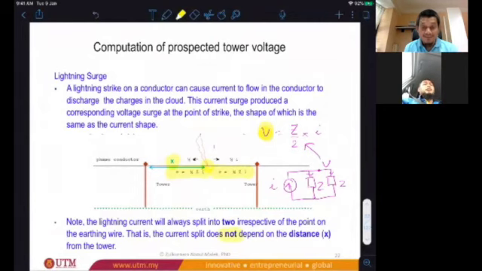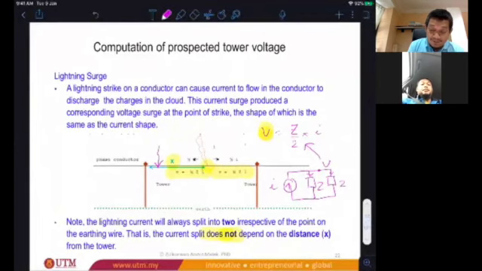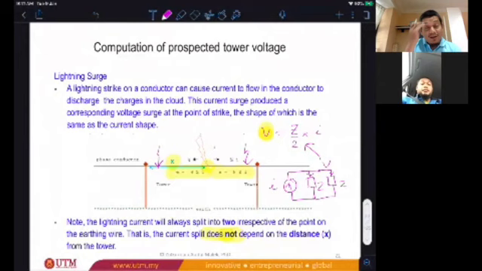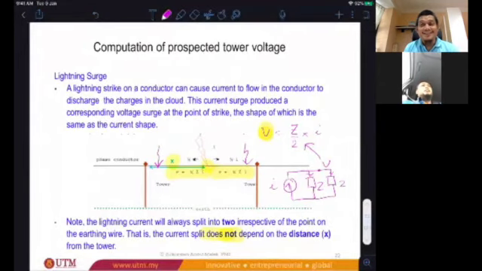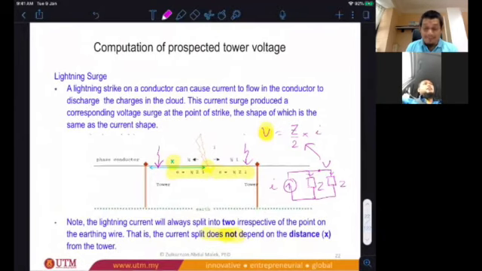From my opinion, V does not depend. Meaning to say, you are right. If it strikes here, the same voltage. If it strikes here, same voltage, as long as it strikes the wire. So the voltage at that point will be the same.